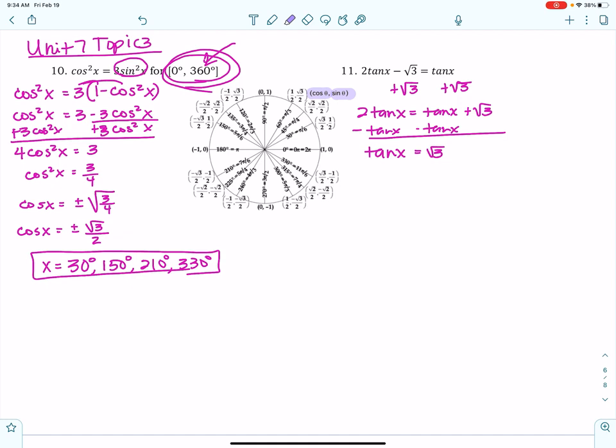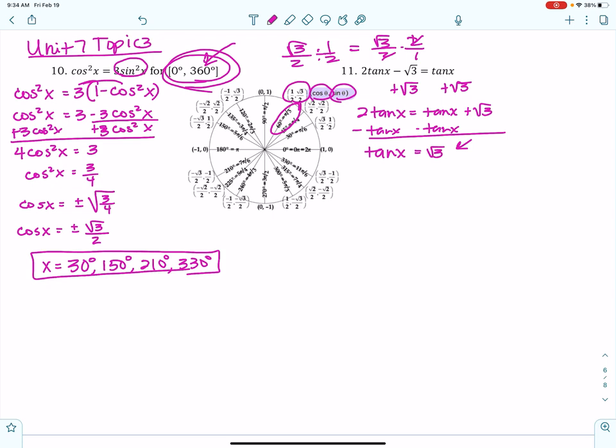Okay, let me think about this. So tangent x is your sine over your cosine. So this value is going to occur here. Sorry about that. Radical 3 over 2 divided by 1/2. Remember, radical 3 over 2 times 2 over 1. Okay, so that is going to occur right here.